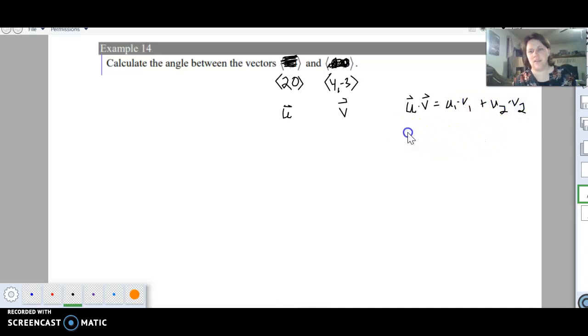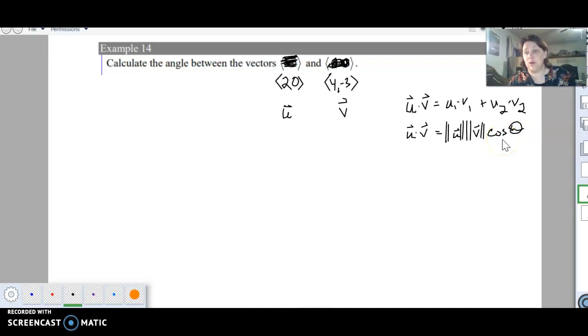And then the other formula they gave us was the dot product between u and v is equal to the magnitude of u times the magnitude of v, and then times cosine theta, where theta is the angle between the two vectors.